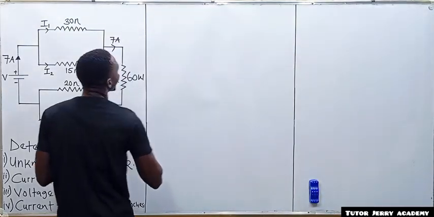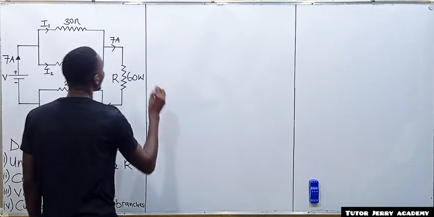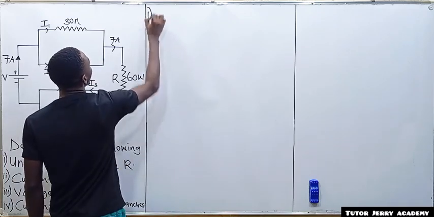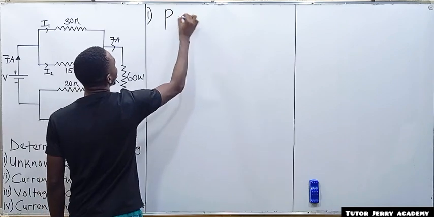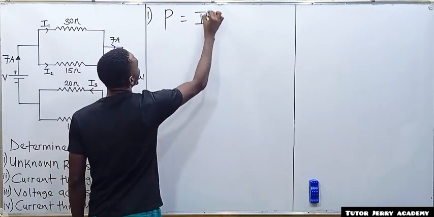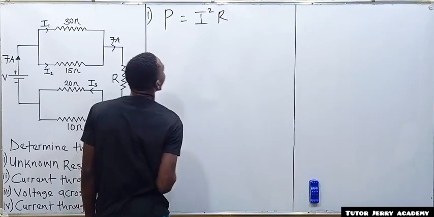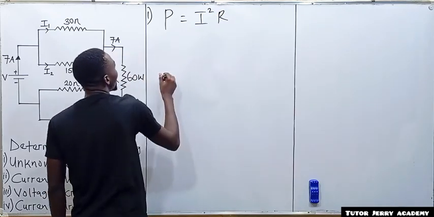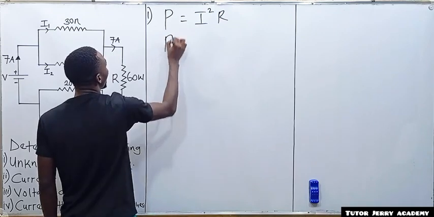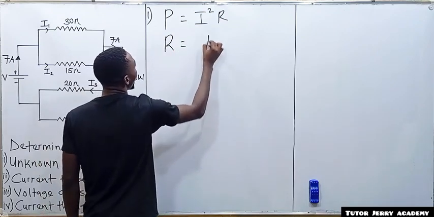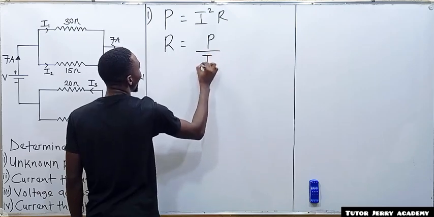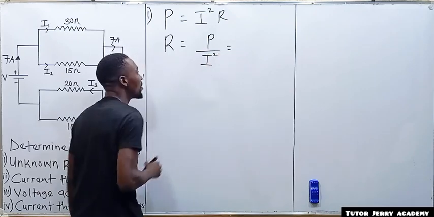So let's answer question number 1. If we make R the subject, R will be equal to power over I squared.